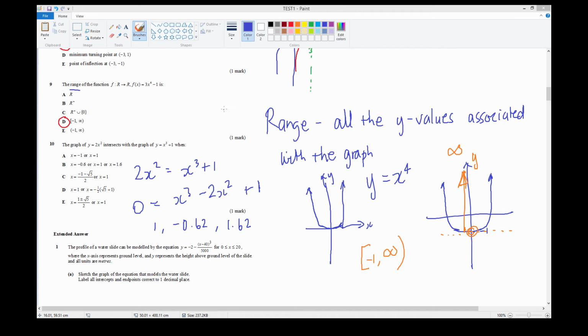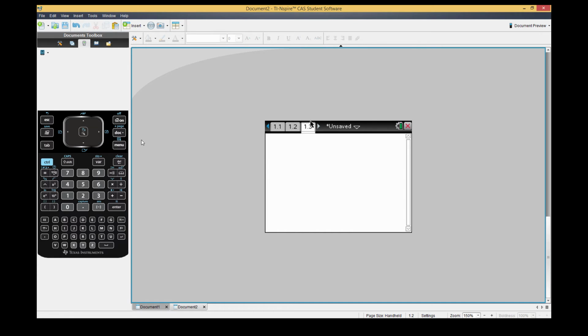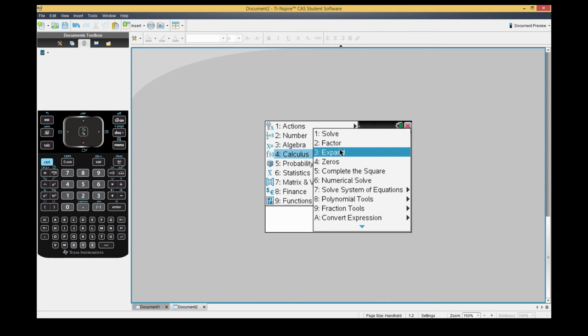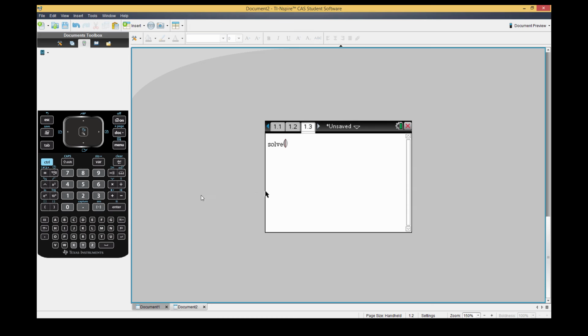Okay, just to check, we can solve it using the calculator in a different way. If you go menu, then algebra, solve. This is just to check that the answer is right using the graphical method. So you put the equation in.